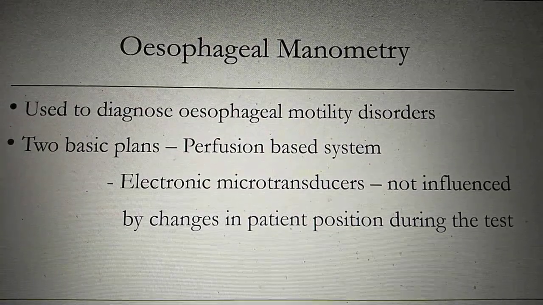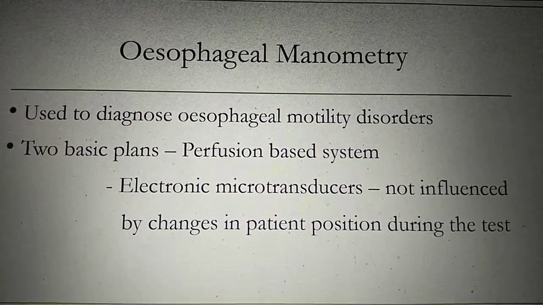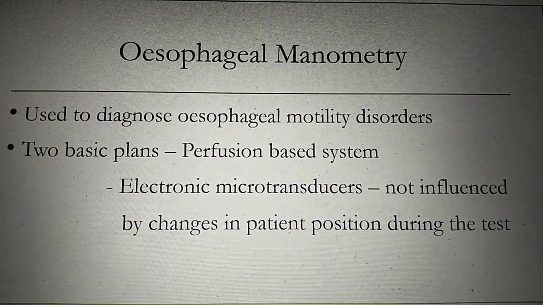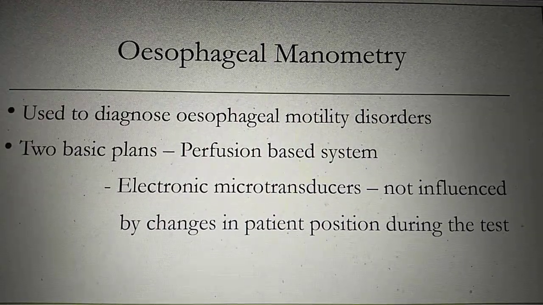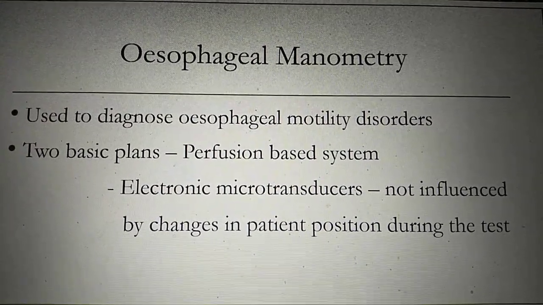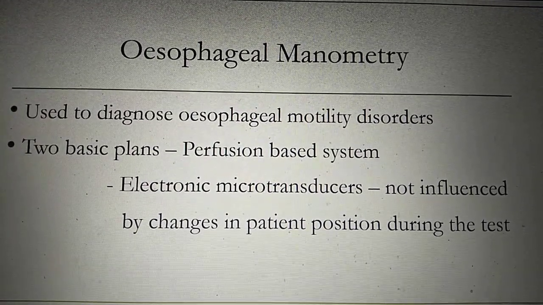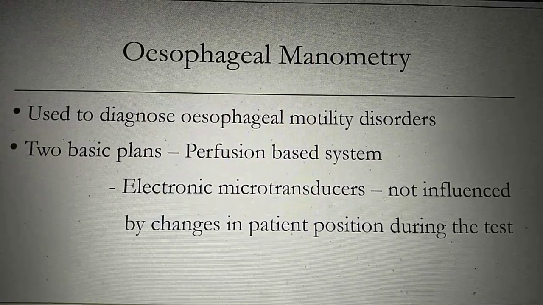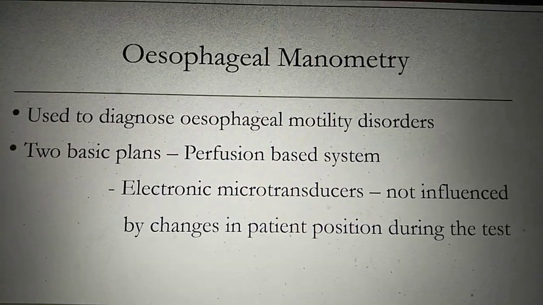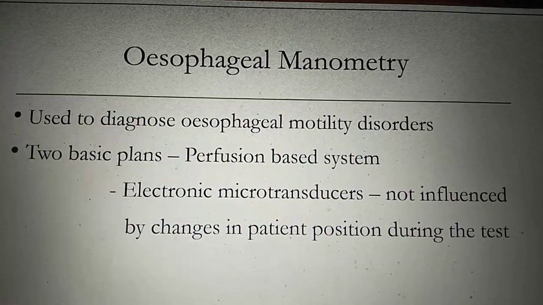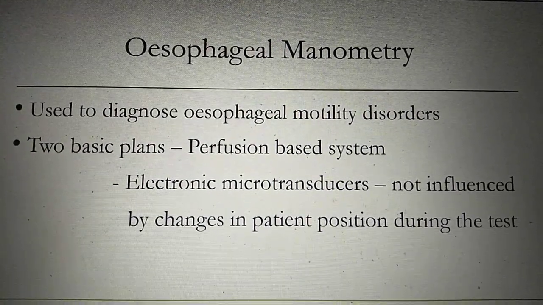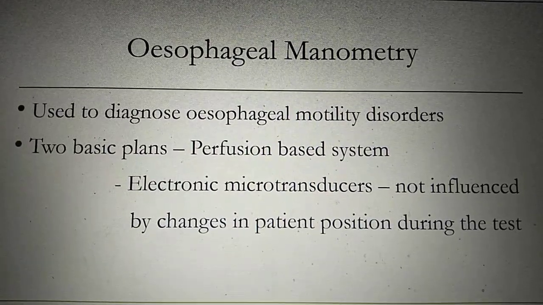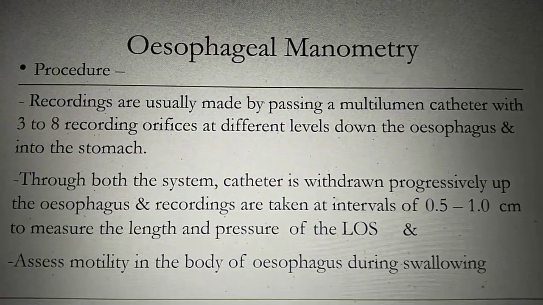The first one is a perfusion based system and the second one is electronic microtransducers. The advantage of electronic microtransducers is that they are not influenced by changes in the patient's position during the conduction of the test. So it is commonly used nowadays.